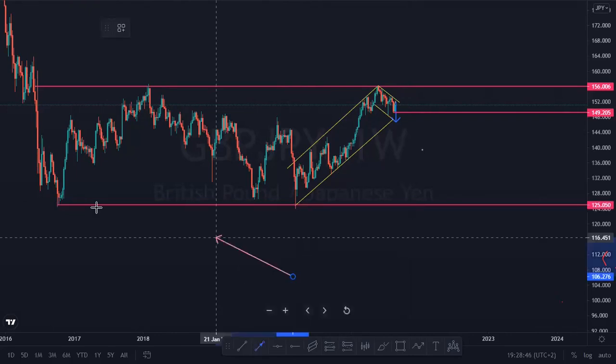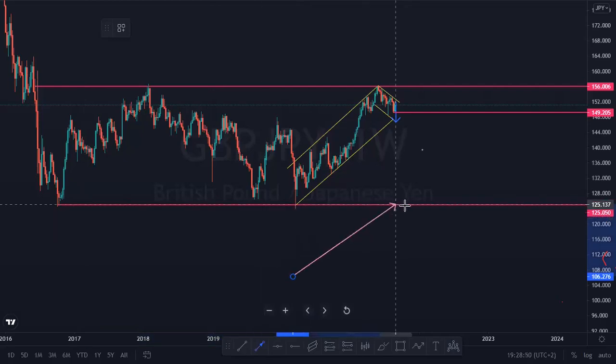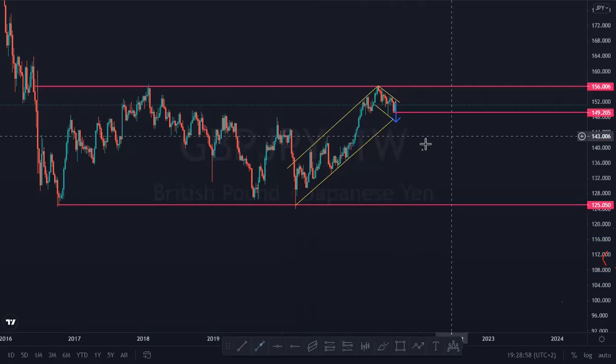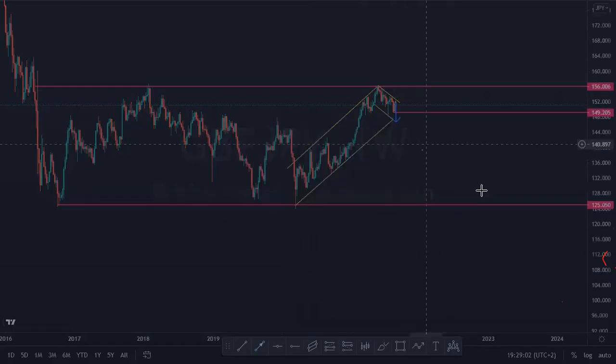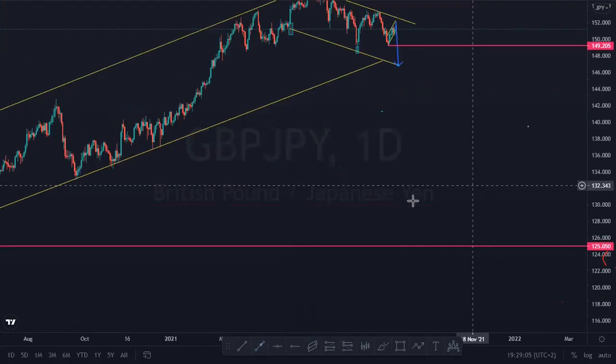I'm expecting the market to come and create 1, 2, and third touch and go up straight again, if possible, or maybe create the third touch, correction, and push down. It depends. Okay, let's go on the daily time frame. On the daily time frame, this is what I see, guys.